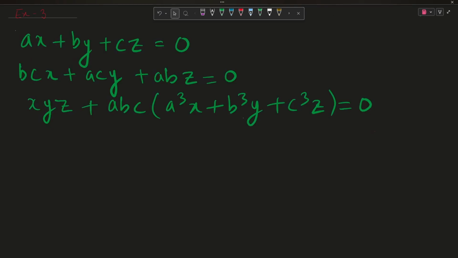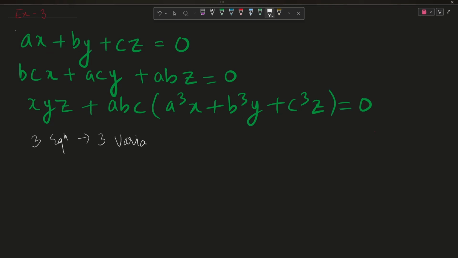ax plus by plus cz is equal to 0, and bcx plus acy plus abz is equal to 0, and then the third equation. Now, again, these are three equations, and there are three variables.